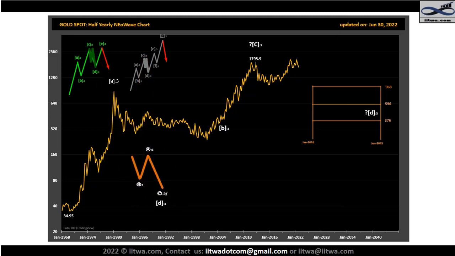One smaller degree wave, primary degree wave A, began from the high of October 2012, that is 1795.9, and moved downward.